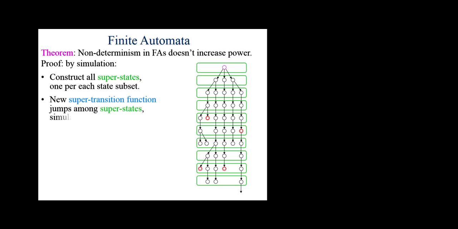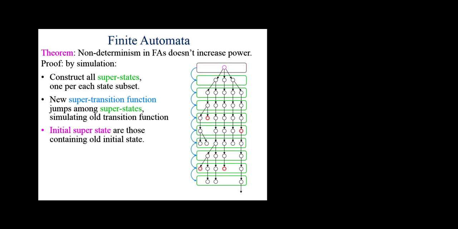Okay, now we're going to define super transitions in this new deterministic simulator of the non-deterministic machine. And these super transitions will simply mimic what the original non-deterministic machine did. So if you're in this state here, these are the three possible next states given whatever symbol in the alphabet caused you to go from here to here.